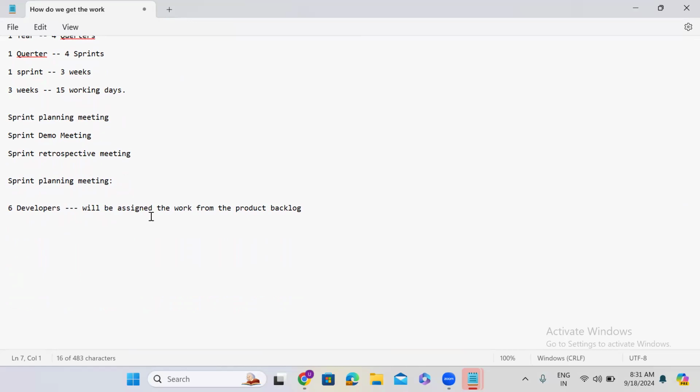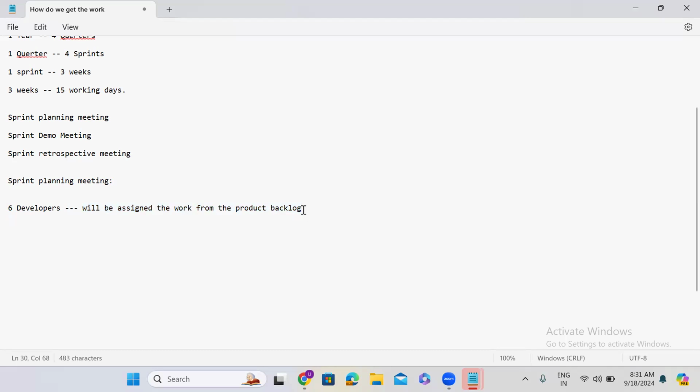In the sprint planning meeting, guys, remember, from the product backlog, the requirements will be assigned to developers.